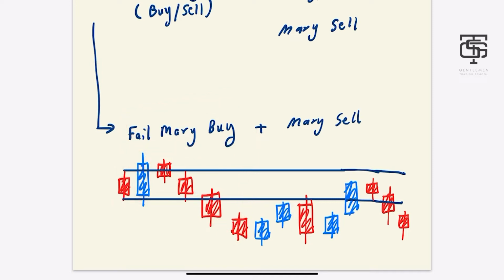Next, after having a breakout, we are expecting price to retrace into our zone. So remember, price needs to retrace into our zone. Our zone is from the high and the low of the bearish candle of the marry buy. This is our zone, right?